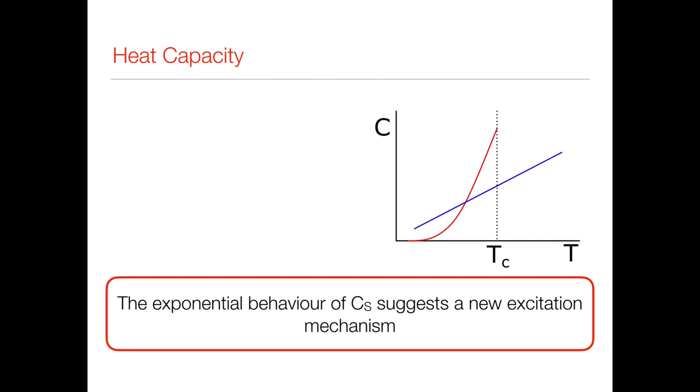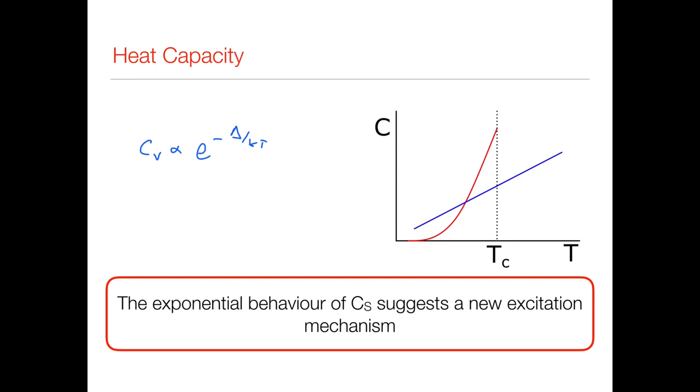This data is really quite suggestive of the fact that the material must have some sort of excitation mechanism that becomes more active as we approach the transition temperature. Very roughly, we're imagining that CV is somehow proportional to e to the minus some energy gap over kT.